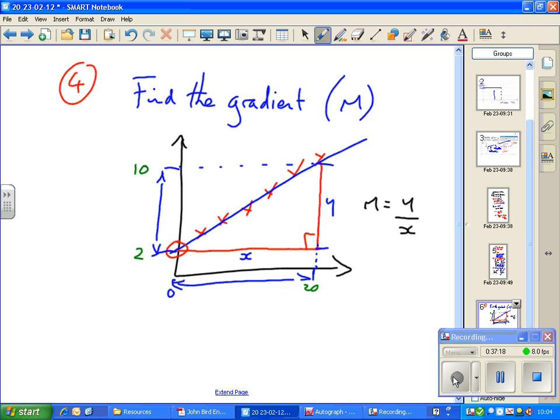So then y is going to be from 2 to 10, which is a distance of 8. So my y direction is 8. And my x direction is from 0 to 20, so x is 20. So what's the gradient? 8 divided by 20, which is the same as 4 divided by 10, which is 0.4. So my gradient would be 0.4.